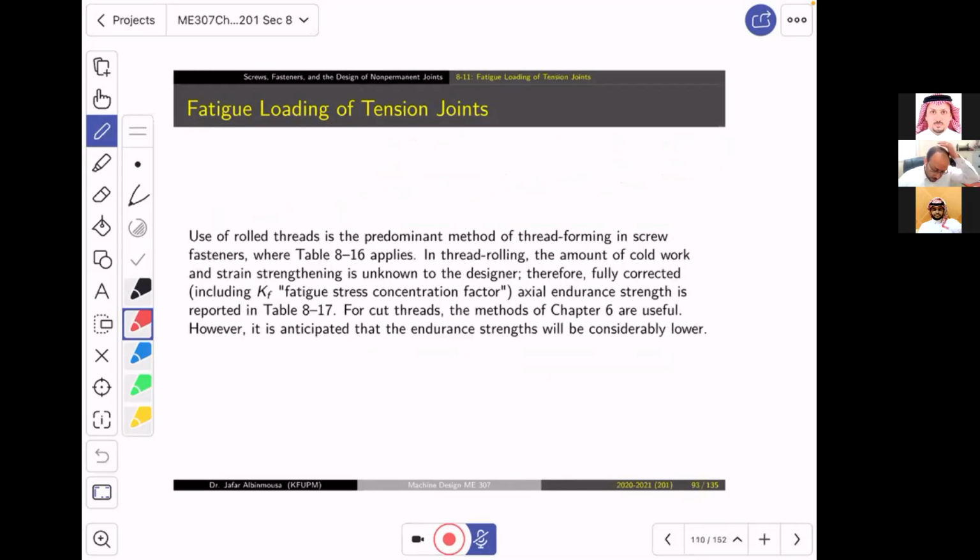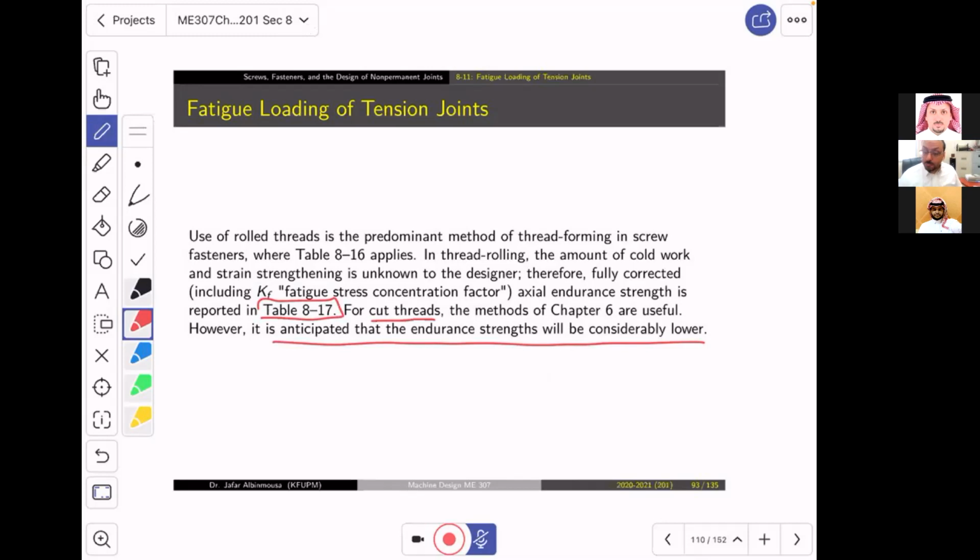So what we want to talk about here is that there is a hint here, which is very important, which says that this table 8-17, which provides you with the endurance limit, is for rolled threading. And it is saying, as per the book, that for cut threads, it is anticipated that the endurance strength will be significantly lower.